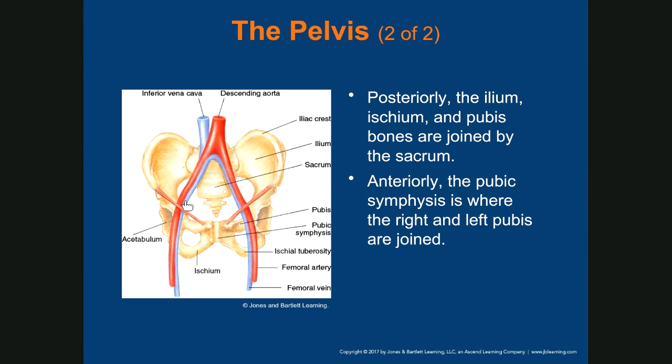If you look on the diagram, you can see where the ischium is, and where the ilium is up here. You can see that there are a lot of rich blood vessels that run in that area. You can see where the ischial tuberosity is, which is the tailbone, and the acetabulum, which is where the head of the femur fits into the pelvis.